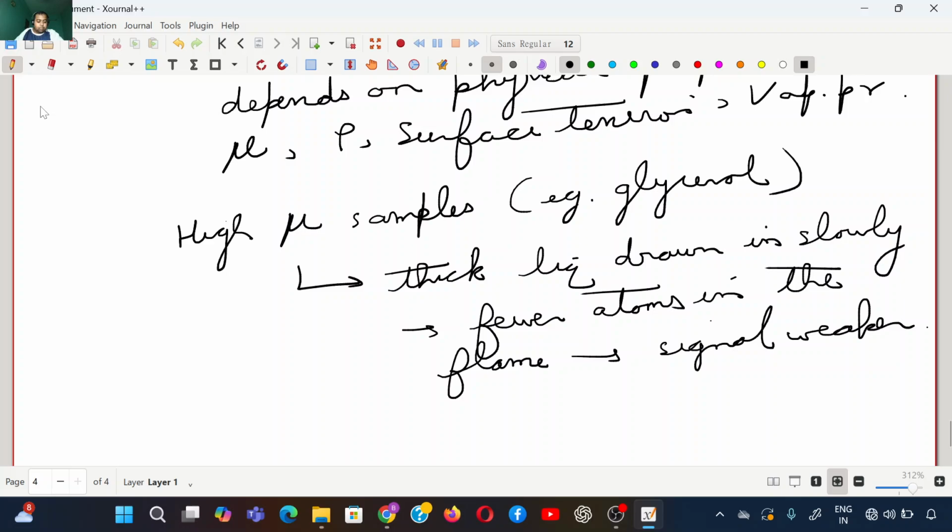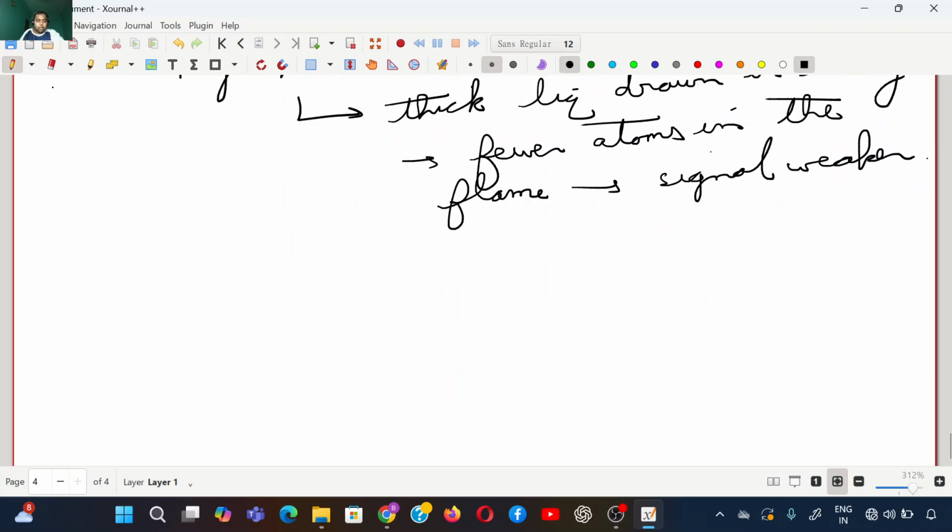So if you have a low viscosity liquid, say methanol, I think its viscosity is 0.8 or something of that of water, this will be drawn in much faster than the high viscosity fluid, right?